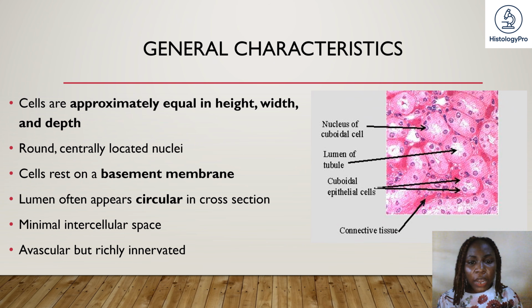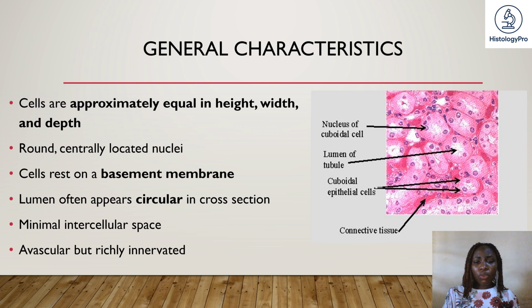Now, let's look at the general characteristics of simple cuboidal epithelium. These cells are approximately equal in height, width, and depth, which gives them their cuboidal appearance. Each cell has a round, centrally located nucleus. This is an important feature for microscopic identification. Next, the cells rest on a basement membrane, which separates the epithelium from the underlying connective tissue.